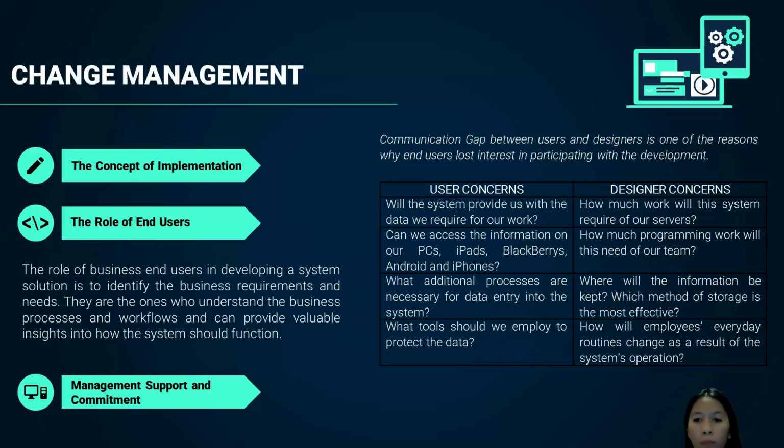If these two teams or persons cannot meet in the middle, the system development will be gradually affected or may fail in the future. So that's why it is important to have a system analyst or change agent to bridge the two.